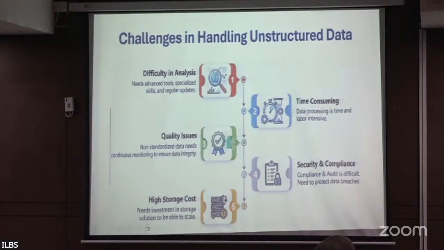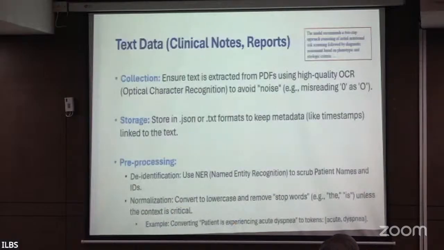It is a time consuming process, and security is also a concern, because in an x-ray we have the patient name, age, everything in the film itself. So sometimes we have to mask those areas.